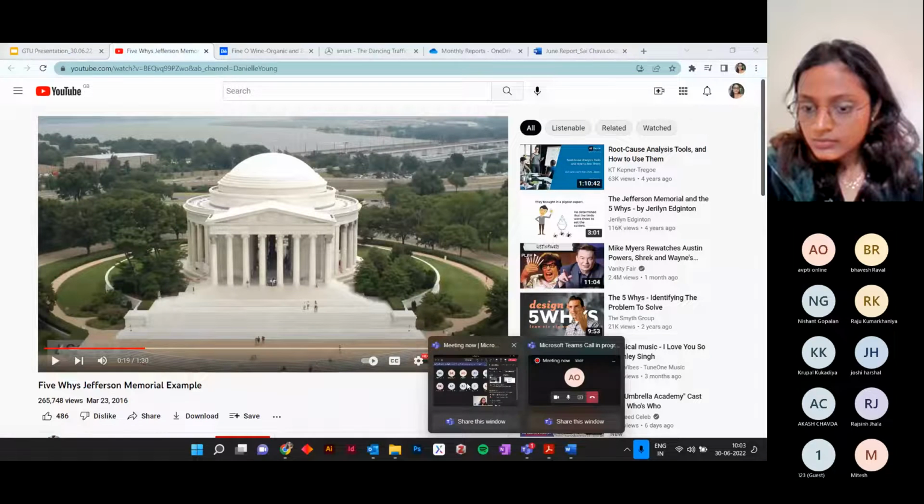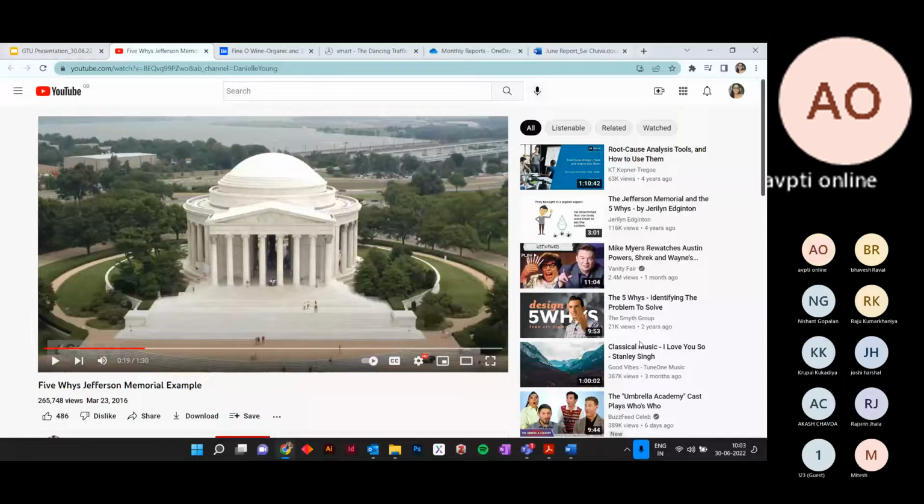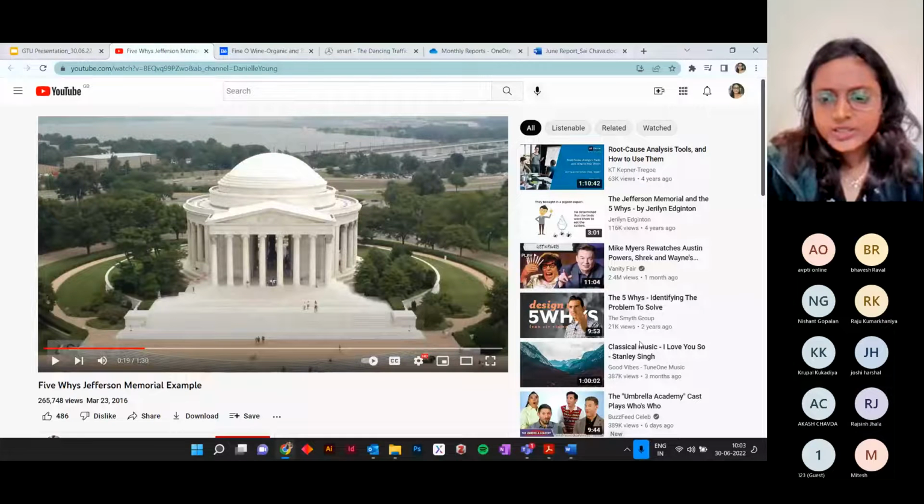My screen is visible, right? Yes. When you share content, it shows on the right side, right corner. Include computer sound. Got it. Thank you so much. I think it's audible now.